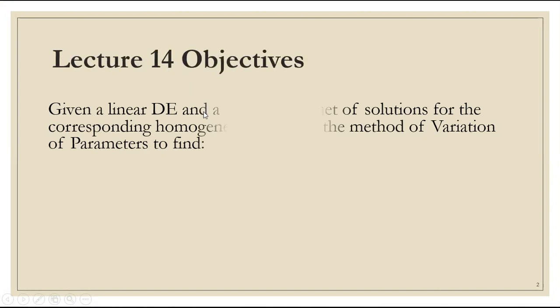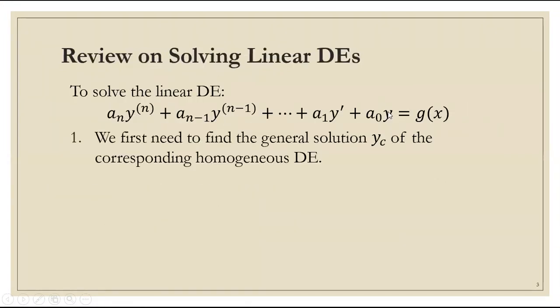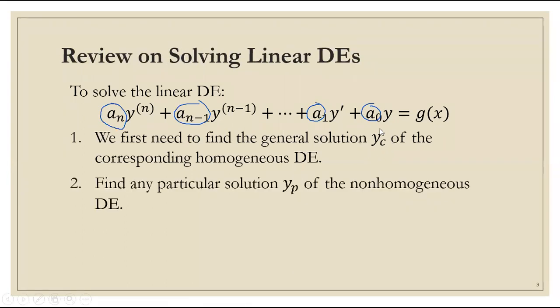And don't forget that you have to add to your cheat sheet the 3 rules for the annihilator functions. So here is the objective of our lectures. Here, if I have this equation with constant coefficients, notice that this one is constant, and this one is constant, and this one is constant. Now, I have to solve the homogeneous equation to find yc, the complementary solution of the corresponding homogeneous.